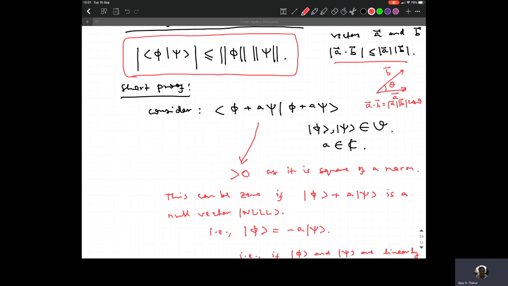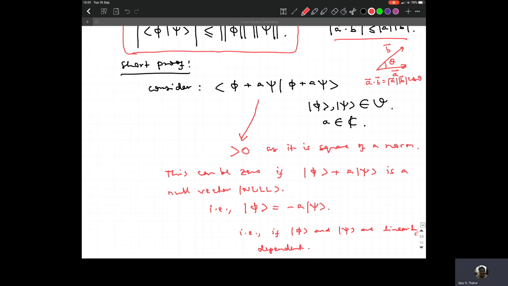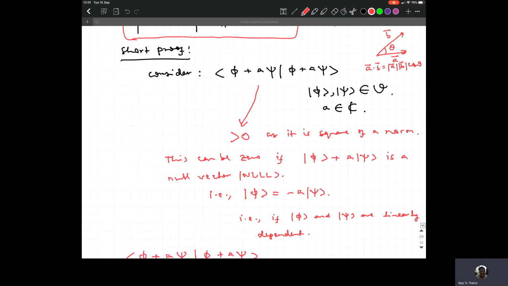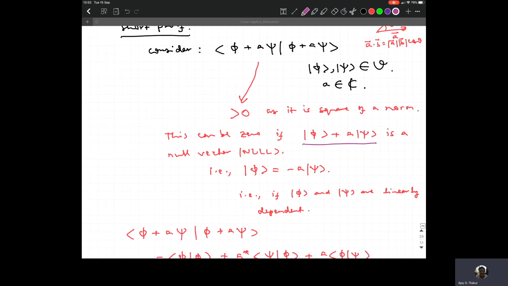Let's construct a ket vector phi plus a psi, where a is a complex number, and take the inner product of phi plus a psi with itself, and that is greater than or equal to 0 as it is the square of a norm. This can be 0 if and only if phi plus a psi is a null vector. That means phi is going to be minus a psi, and that essentially implies that phi and psi are linearly dependent.